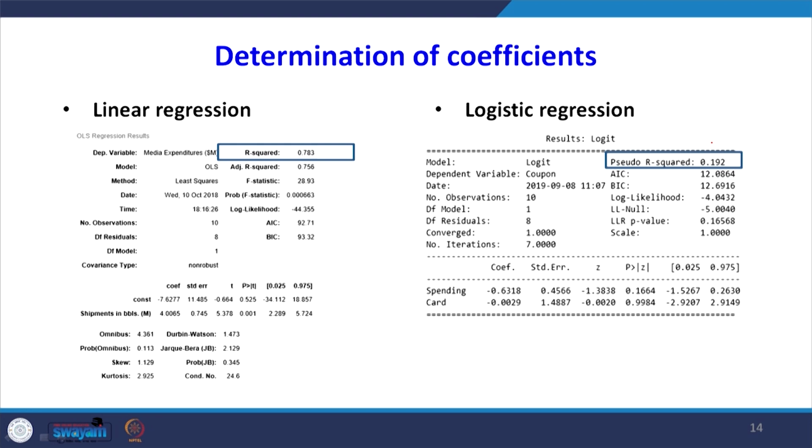As I told you in the previous class, here there is a LL null. When there is no independent variable, the corresponding likelihood value is this much. This is the null model, the base model. This is our model likelihood. So we have to find the difference of these to get the R square.